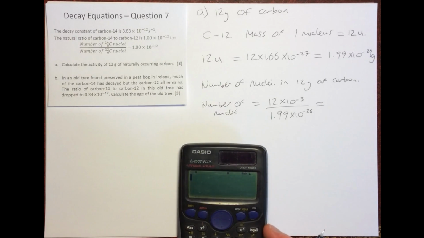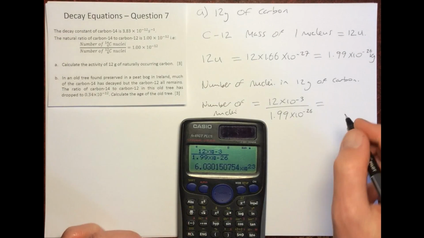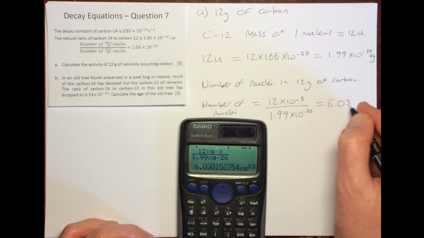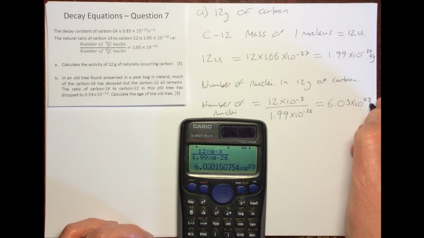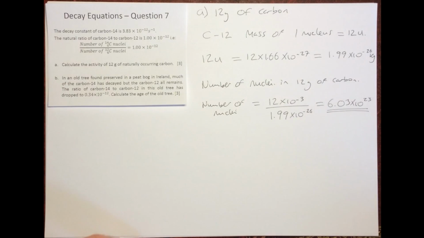If we input that into the calculator, 12 times 10 to the minus 3 divided by 1.99 times 10 to the minus 26, that gives us 6.03 times 10 to the 23. That number should be familiar because it's very close to Avogadro's number.